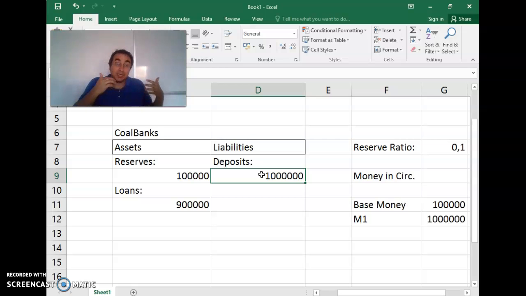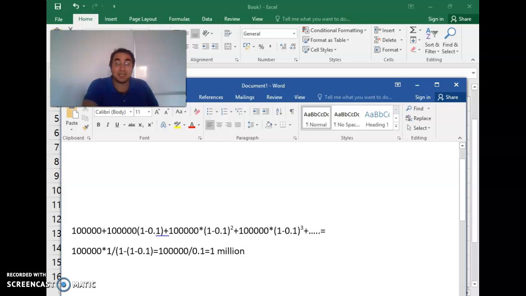In a way, the fiat money, the money which is actually given to the economy by the central bank, is multiplied by the banking system. So we have a second multiplier in the economy, which is called the money multiplier. The previous one was the spending multiplier. The initial spending was multiplied to become more and more spending. Now the money itself becomes multiplied and becomes more and more money.